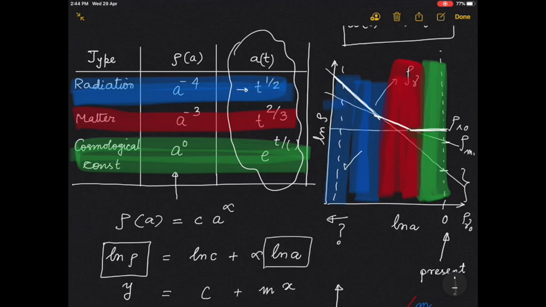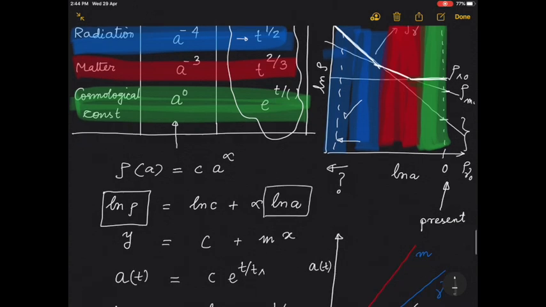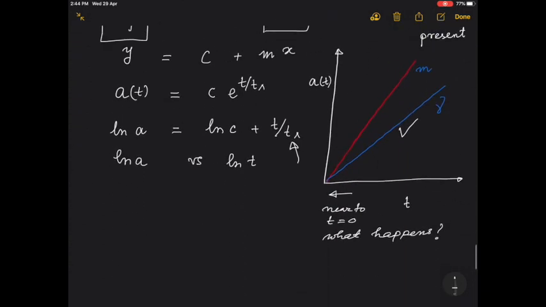If I make a 1/10, then the density increases by 10 to the 4 times. The density will be extremely large at that stage.